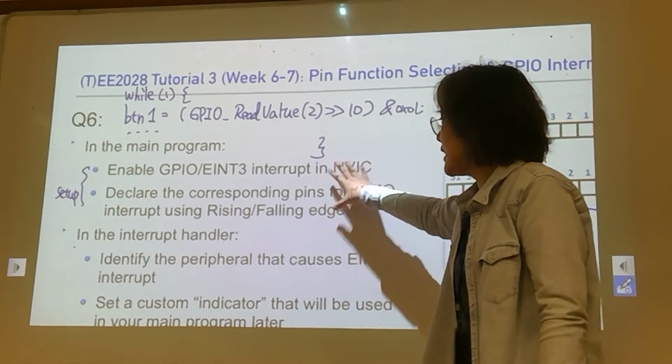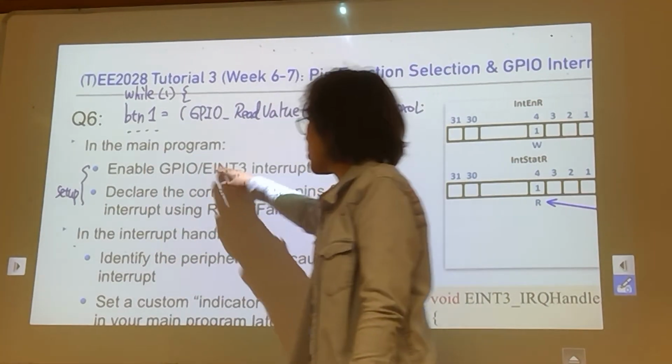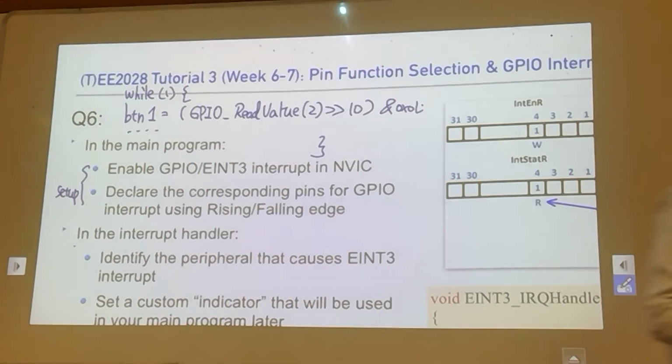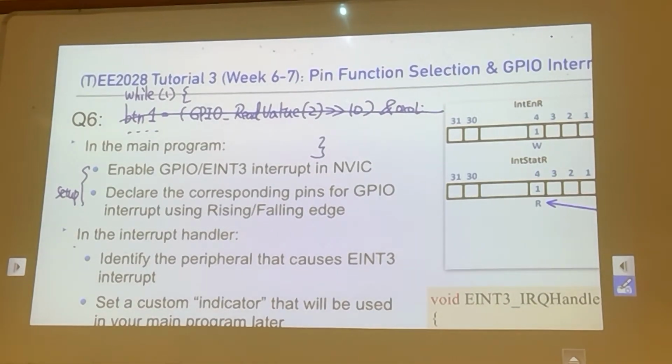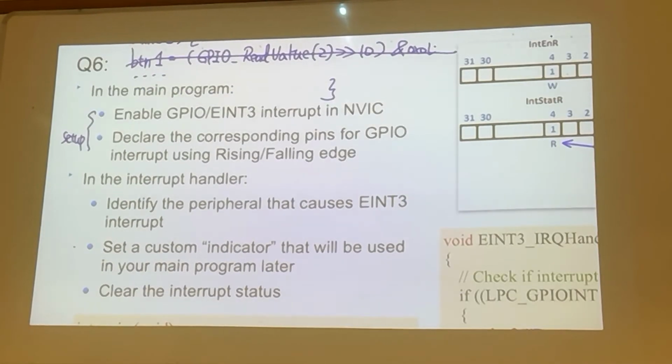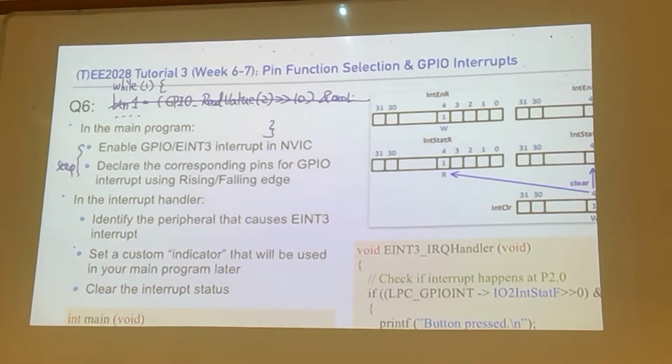So once you have done this, you wrote this in your main program, you don't need this line anymore. ARM keeps monitoring your button by itself. And once it gets captured, you don't need to sense this anymore.